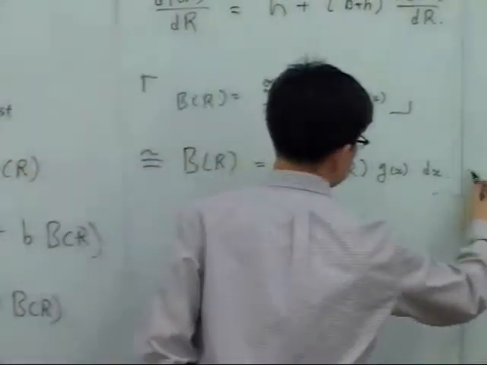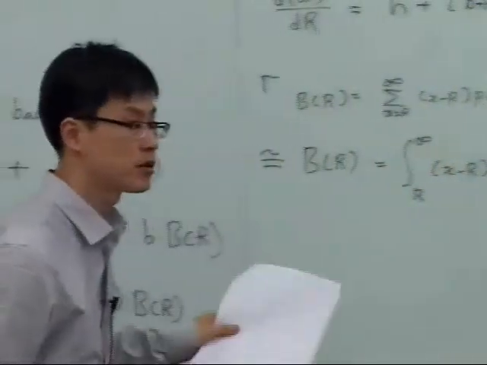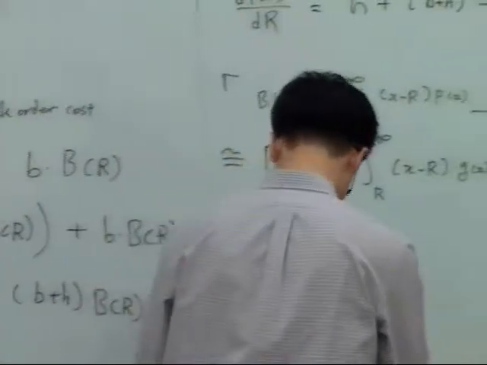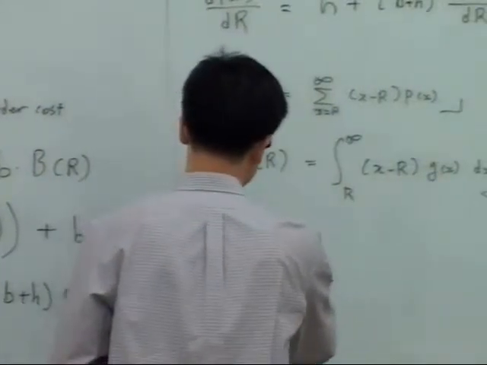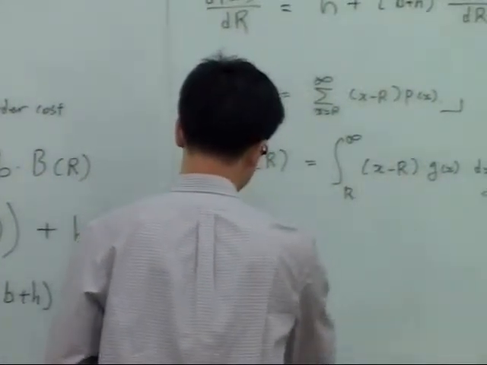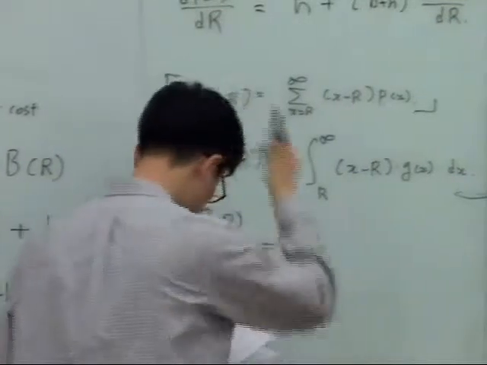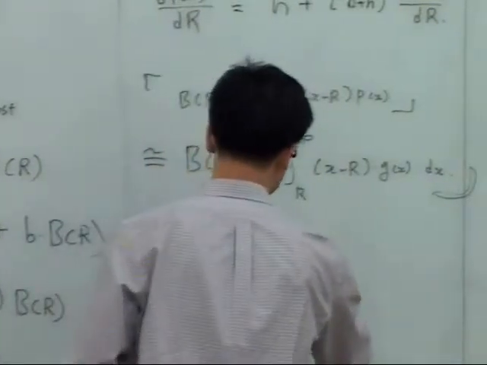So we just transform everything into a continuous version, but the meaning is exactly the same. If we utilize this kind of transformation, then dBr over dr is now simpler.